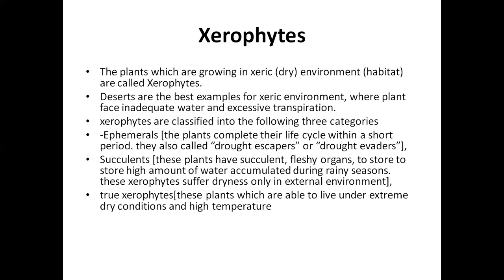So these xerophytes suffer dryness only in the external environment. The third category is called true xerophytes, as these plants are able to live under extreme dry conditions and high temperatures.